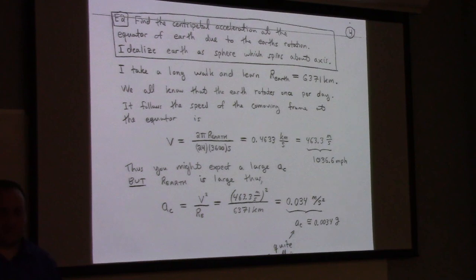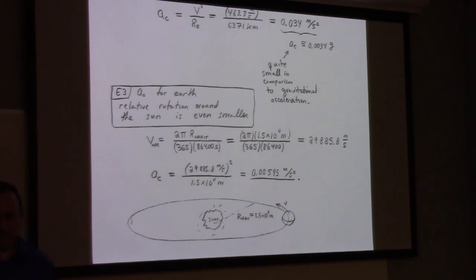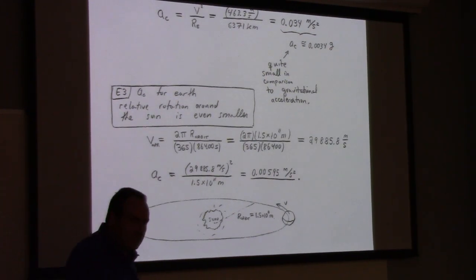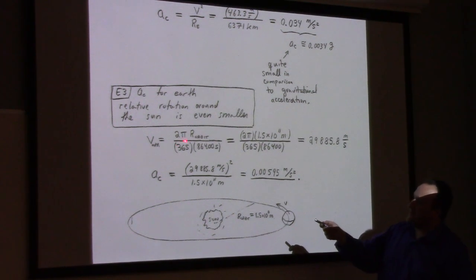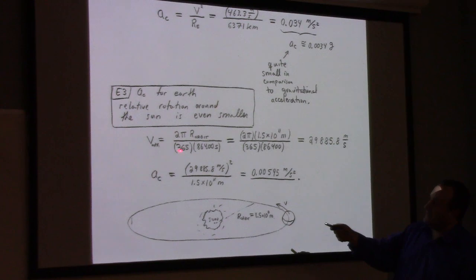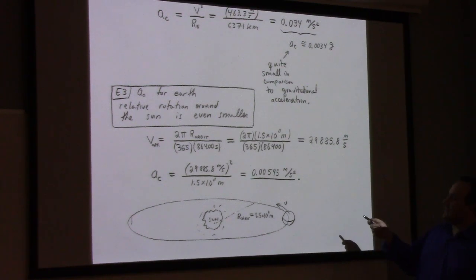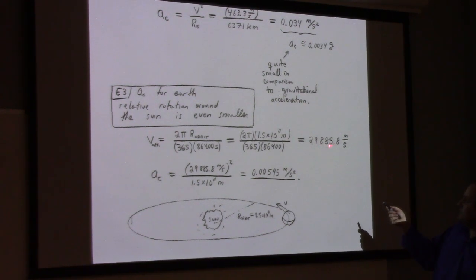What about the other celestial motion? What's the centripetal acceleration of the Earth relative to the Sun? So 2 pi times the radius of the orbit divided by 365 times 86,400, the number of seconds in a year, ignoring leap years. And that works out to, whoa, we're really moving around the Sun.